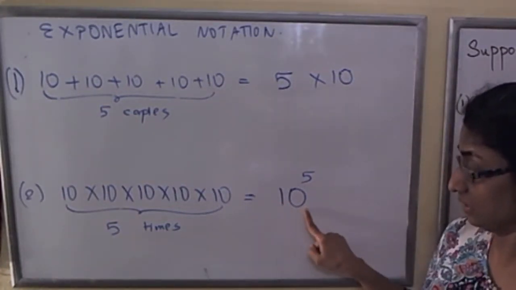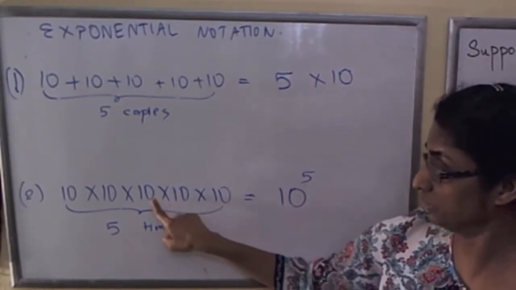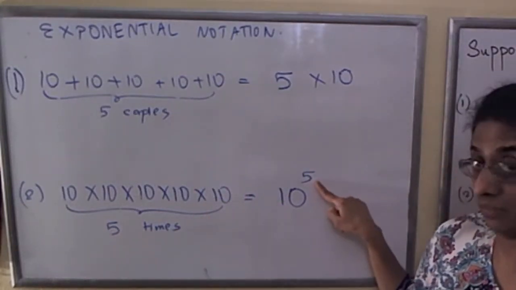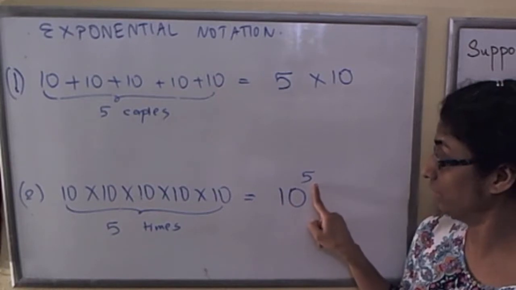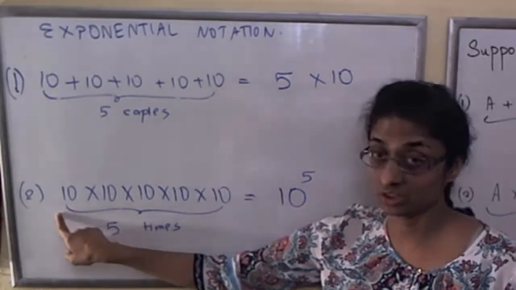We write 10 here, and then up here we put how many copies you multiplied by themselves. Here it's 5, 10 to the 5. So I want you to remember 10 to the 5 is a shorthand notation for this long expression.